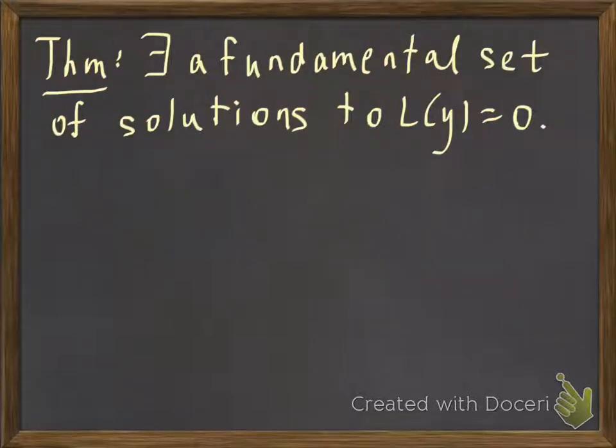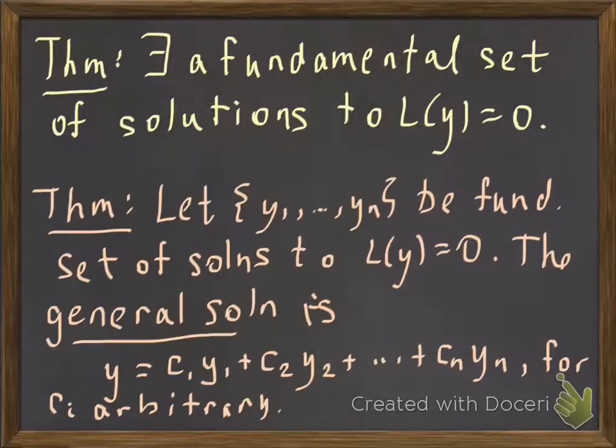So here are two theorems. We're not going to prove them in the video. We'll talk a little bit about the proofs in class. So if I have a linear nth order ordinary differential equation that is homogeneous, so written L of y equals 0, then there exists a fundamental set of solutions to that differential equation. So there exists a set of n linearly independent solutions.